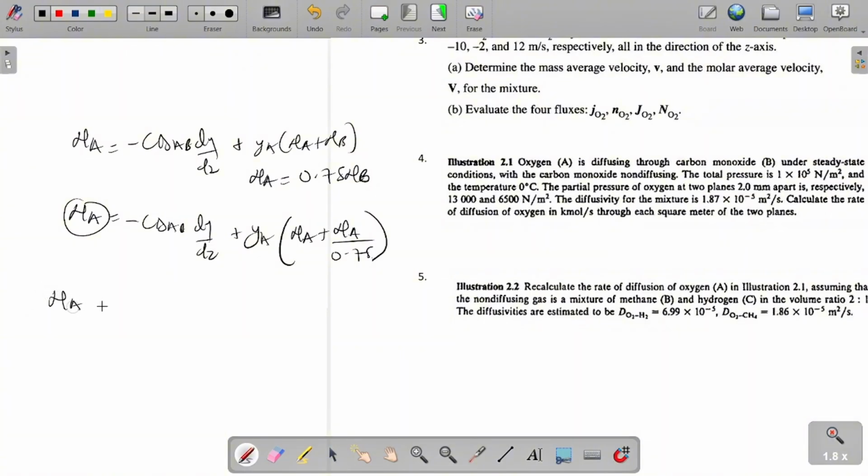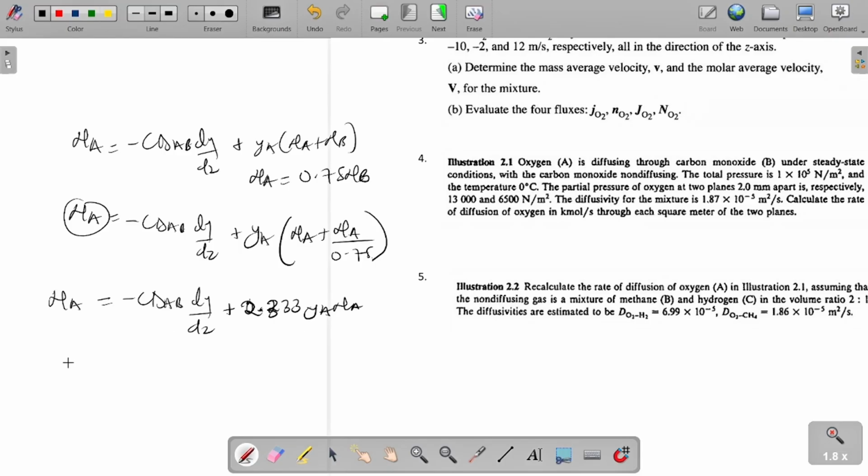So I have NA minus C DAB dy dz, and plus over here, I have 1 plus 1 divided by 0.75, which is 2.333, so here I have 2.333 YA NA.